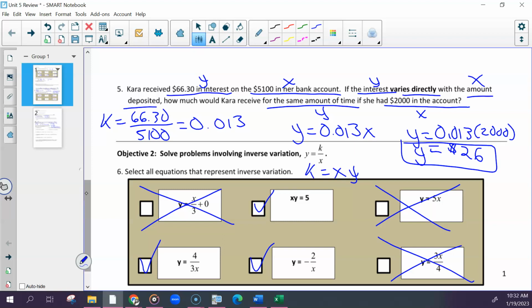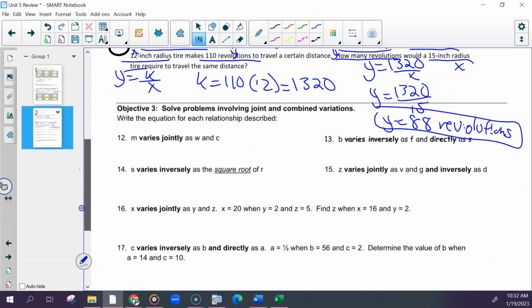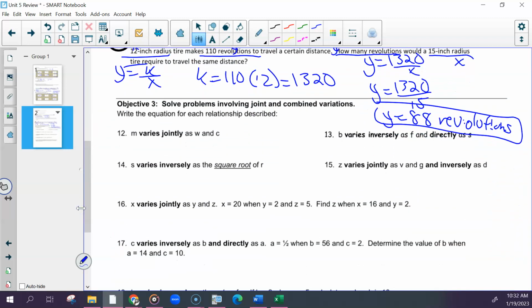So it's kind of doing the opposite of the variation, exactly. If you forget how to do either of those, the k equation and the direct and inverse equations are on the vocab wall.